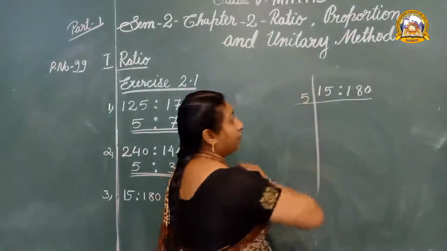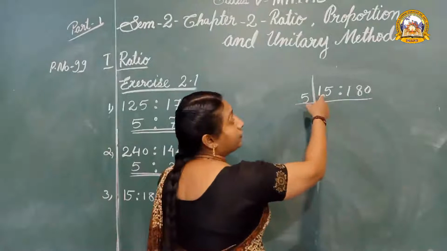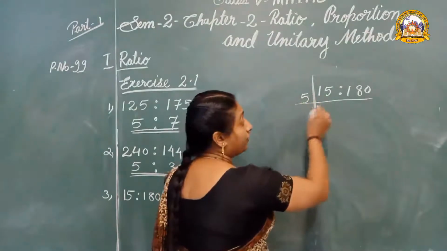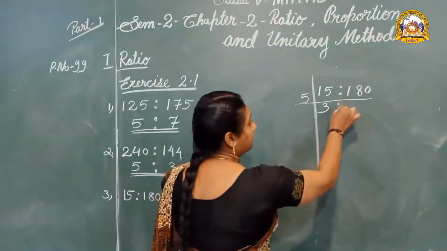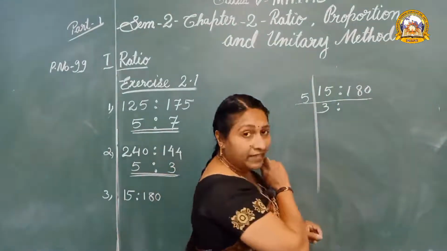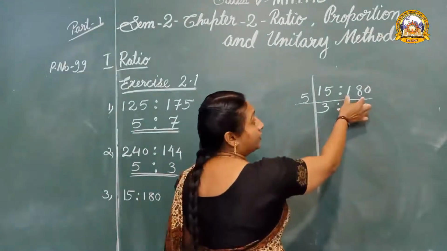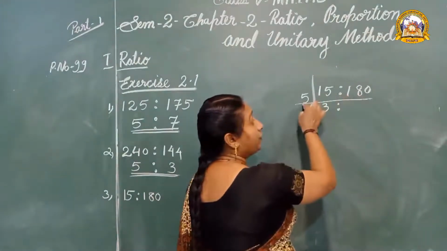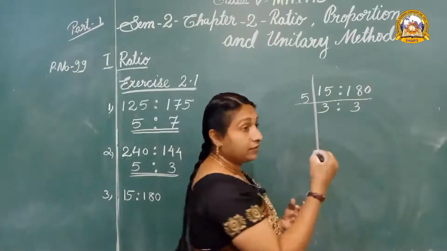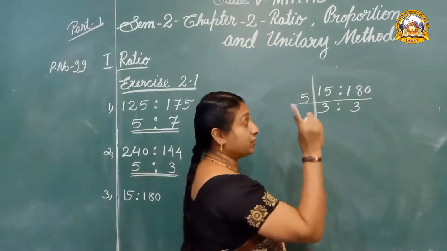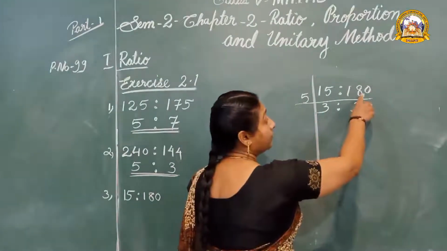So common factor 5. How many 5s are there in 15? 5 3s are 15. And in 180, in 18, how many 5s are there? 5 3s are 15. Then 18 minus 15, 3. So 3 is the remainder.